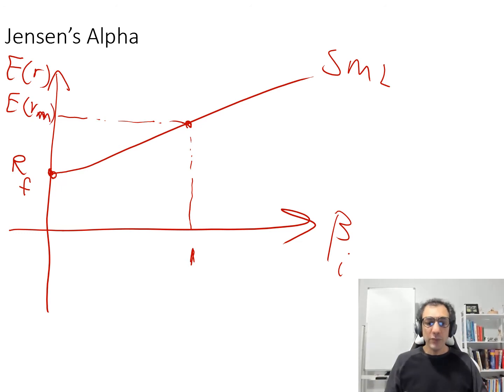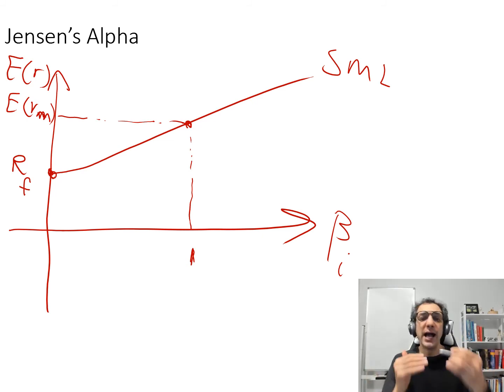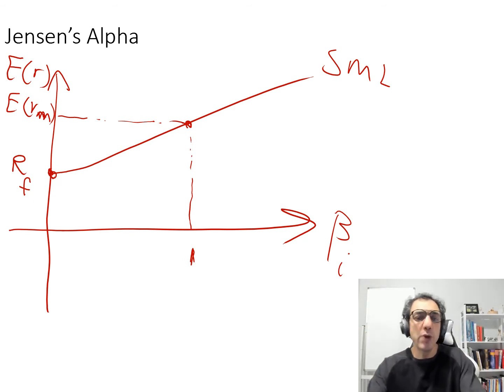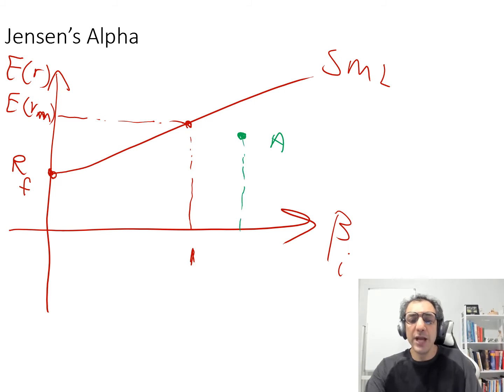Now, the actual return for any specific investment might be different than what the SML is telling you. The SML is just showing this connection, this relation, and the CAPM is showing the actual equation of this relationship. Now, let's assume that you have a stock which is actually here. So let's call this stock A. You can estimate the beta for this stock.